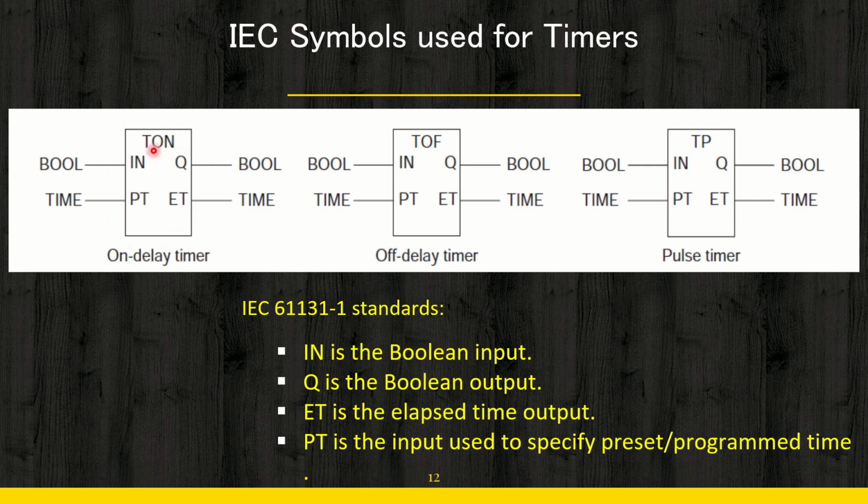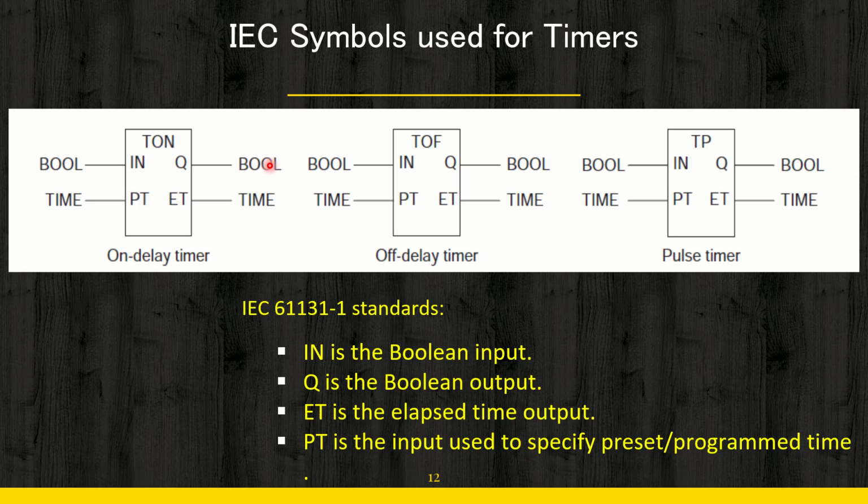So this block becomes the timing block, where there are four different notations. One is IN, next is Q, then there is PT, then there is ET. Now this IN terminal accepts only Boolean input. This terminal is meant for providing the necessary signal for triggering the timer.